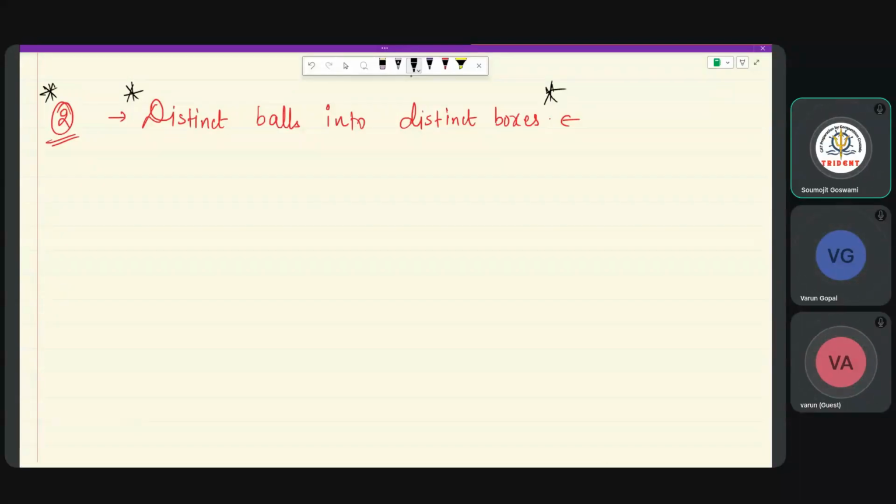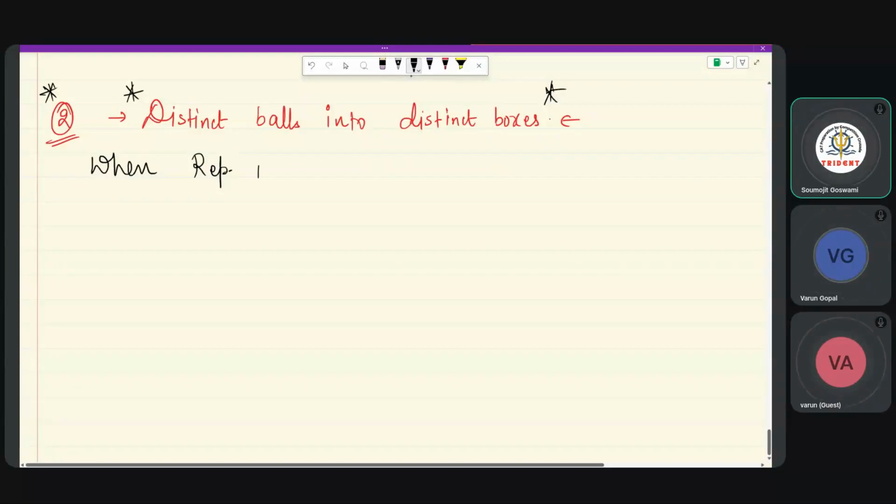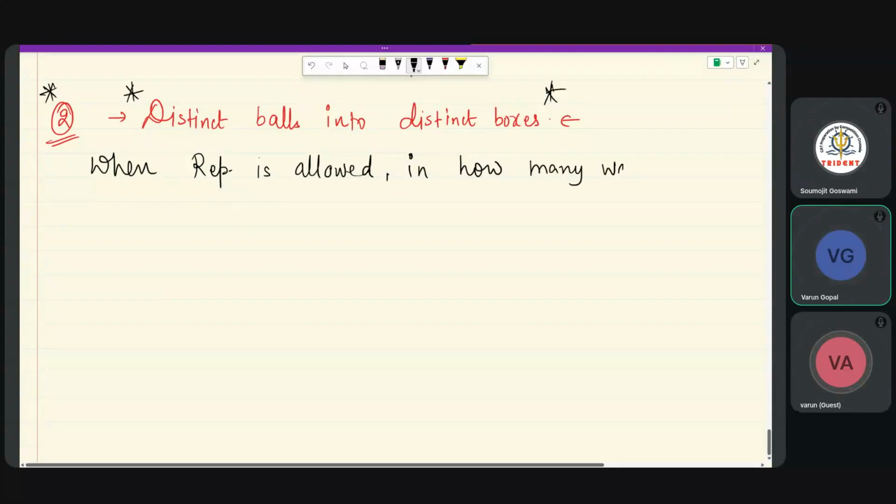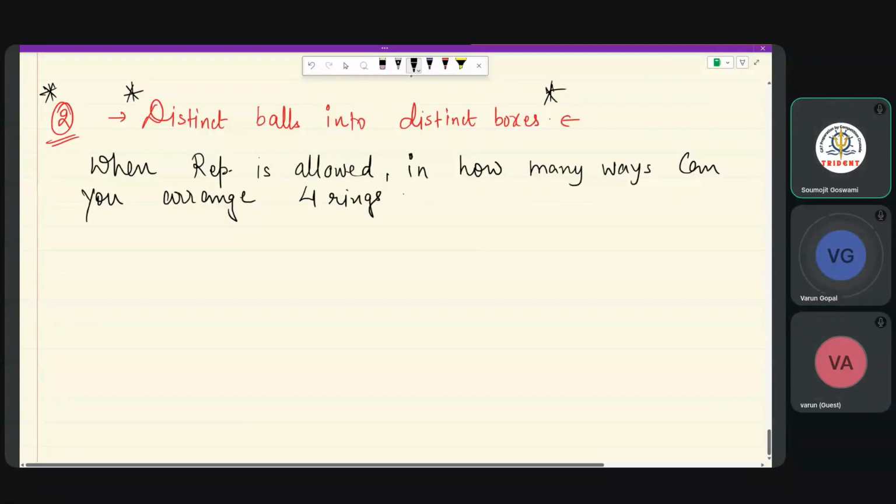Suppose when repetition is allowed, in how many ways can you arrange four rings in 5 fingers?